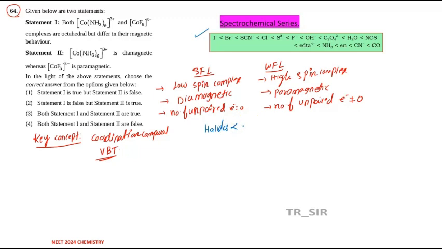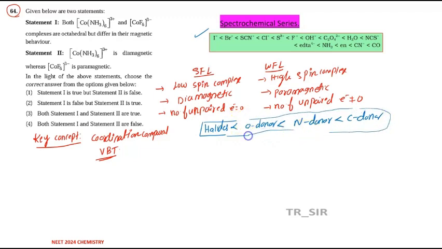Then we have oxygen donors, oxygen containing donors. Then nitrogen donors. Then carbon donors. This is the order of their ligand strength. Keep this order in mind, an easy way to remember it. Clearly, fluoride is a weak field ligand and ammonia is a strong field ligand.